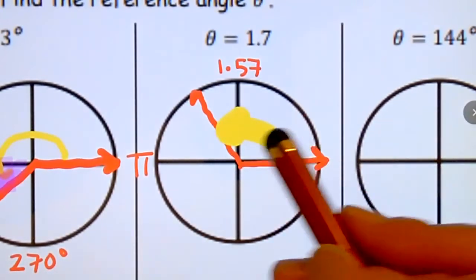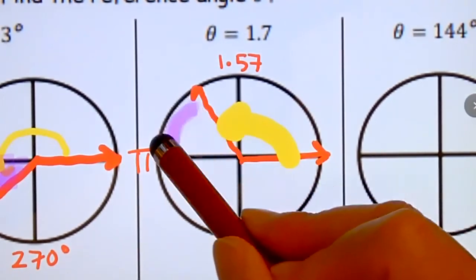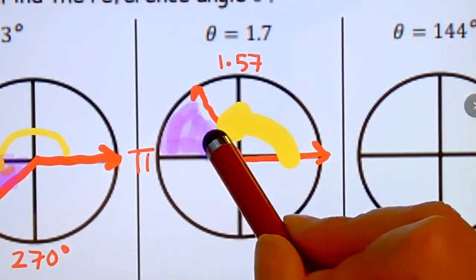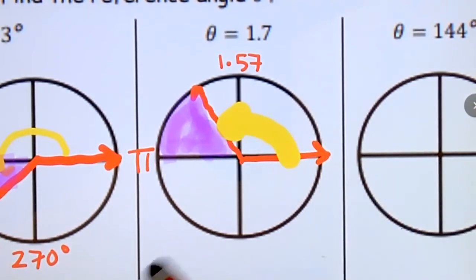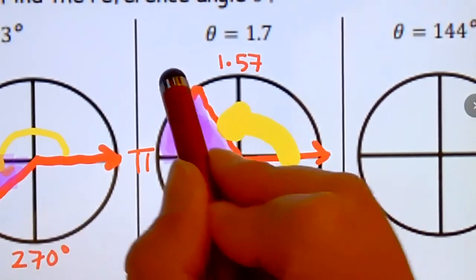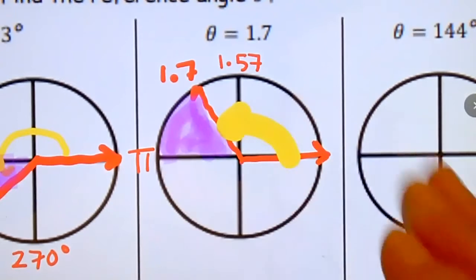Now, what do I want? I want how far off am I from the x-axis? How far away am I from pi? So if this is 1.7, that's where I am. How far off from pi?